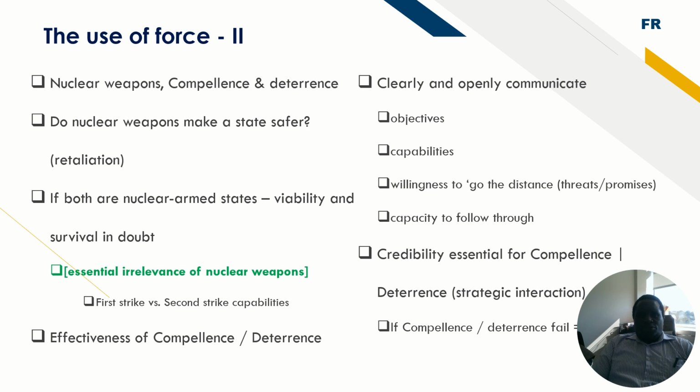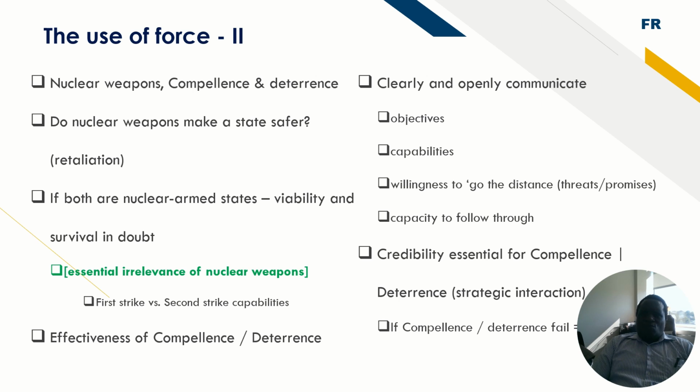So nuclear weapons can be both compellence and deterrence, but the question is, do they make a state safer? Or do they make it more likely to be attacked by others, which now maybe perceive it as at an advanced state? Now, we could talk about Mueller's essential irrelevance of nuclear weapons, that maybe 1995 article.